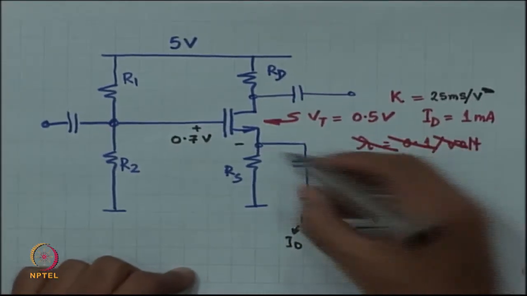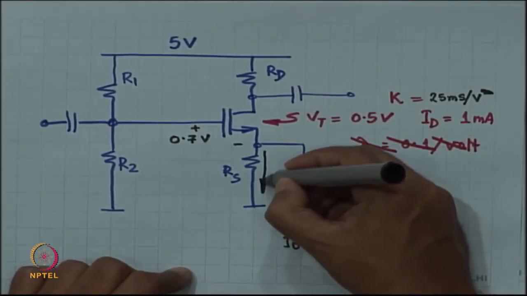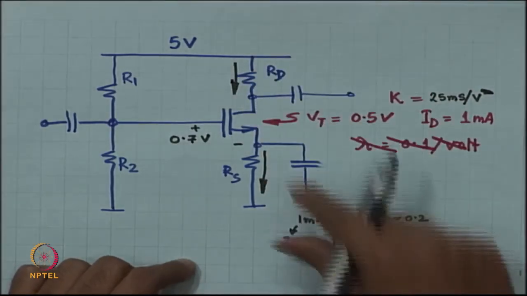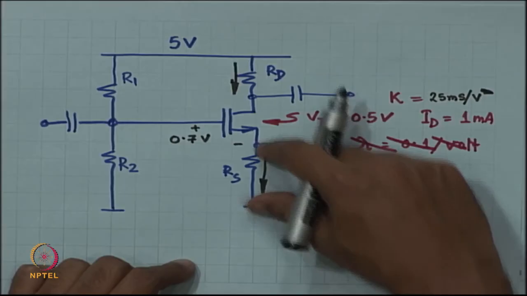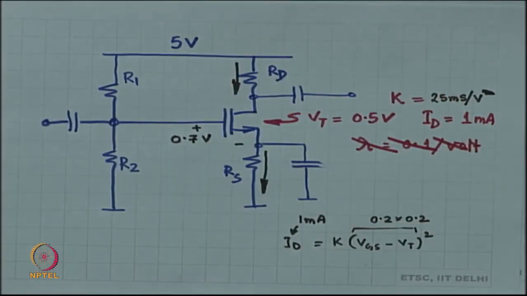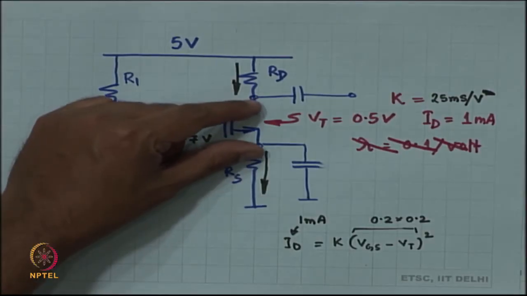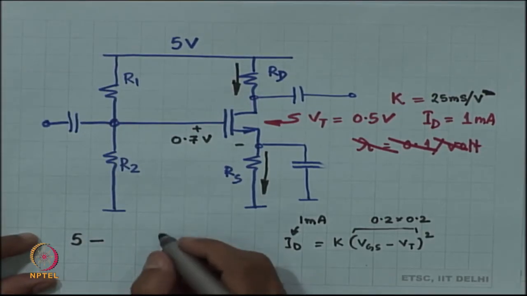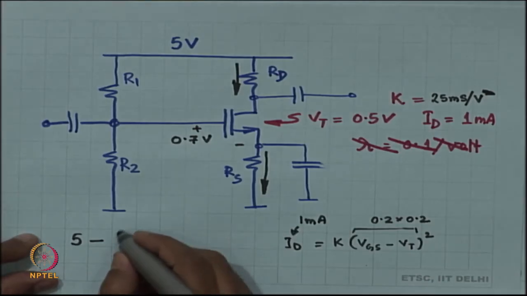So, this 1 milliampere current is going this way as well as coming through this, right. So, this is 1 milliampere times RS, this is 1 milliampere times RD, and therefore, VDS is 5 volts minus 1 milliampere times RS plus RD.